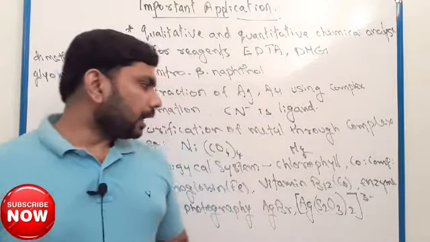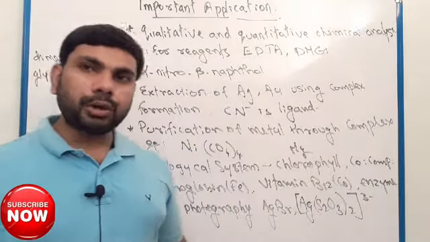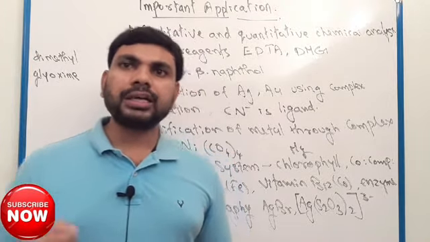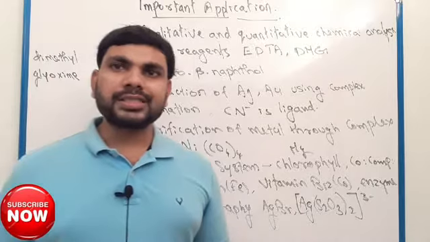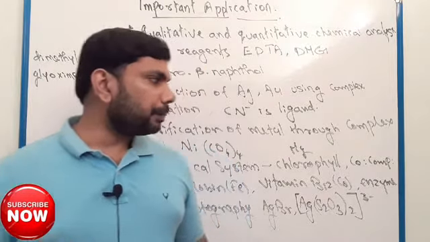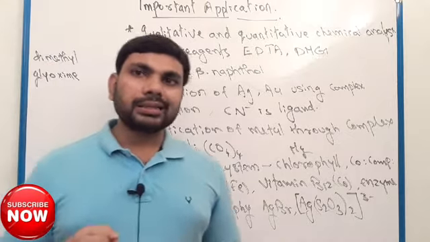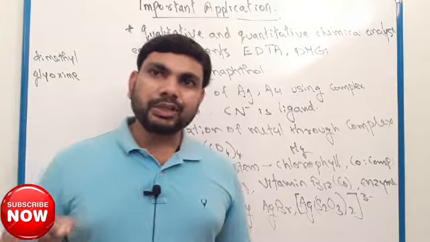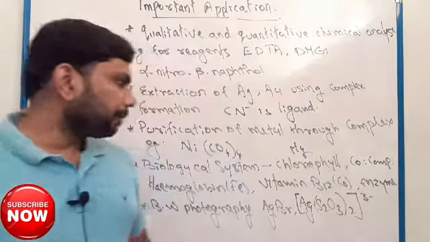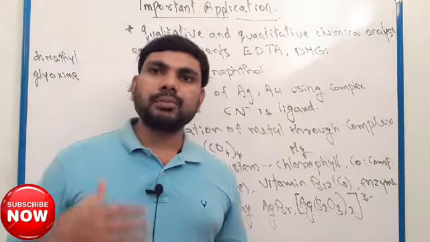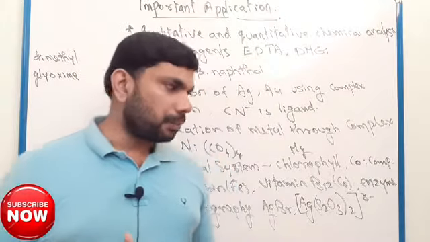Vitamin B12 is a coordination compound containing cobalt as the central metal atom. So chlorophyll, magnesium; hemoglobin, iron; vitamin B12, cobalt. Some enzymes are also coordination compounds.